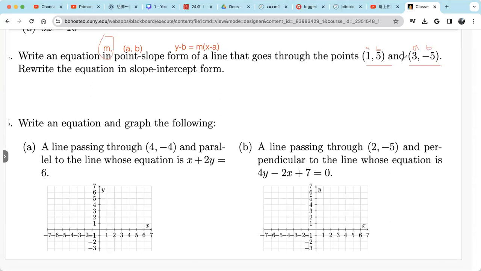We need to get the slope first, right? We use y2 minus y1. So let's write down m equals, -5 is y2, minus y1, which is 5, divided by 3 minus 1. I'll put a parenthesis around -5.